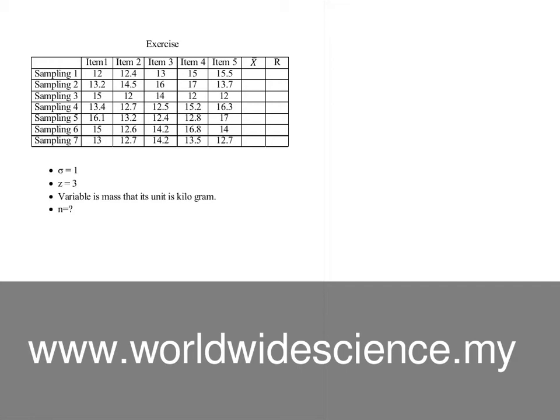Exercise. In each sampling, we should calculate x bar. How should we do it? As you remember, I told you, in order to calculate x bar in each sampling, we should sum up the 5 items in each sampling and then divide by 5.